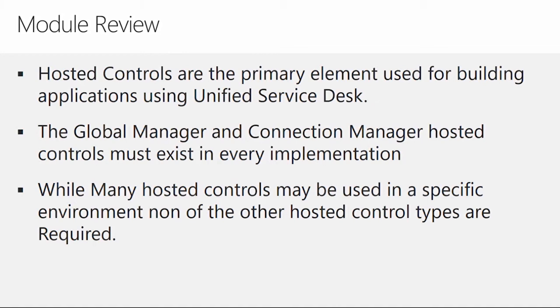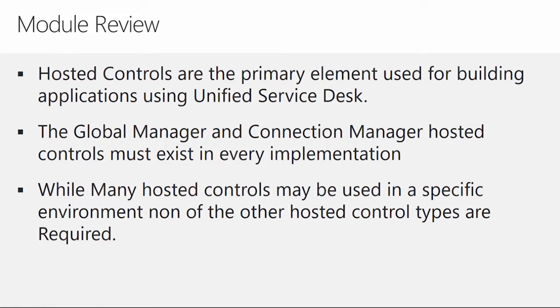When you're deciding how you're going to build this application, remember that you have two specific hosted controls that have to exist in every environment. They're the global manager and the connection manager. The connection manager really stores the connection-based information into that Dynamics 365 environment that you want to connect to, whereas the global manager has all the other stuff.